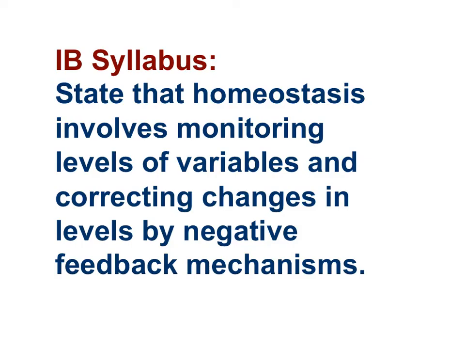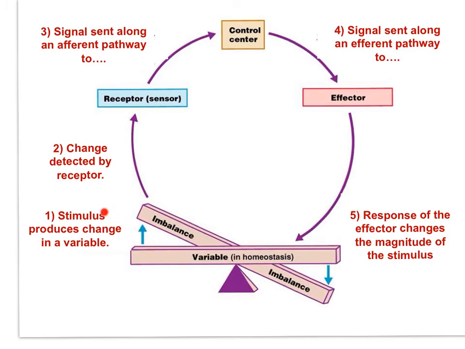Here's the IB syllabus statement. State that homeostasis involves monitoring levels of variables and correcting changes in levels by negative feedback mechanisms. A stimulus produces a change in a variable. That change is detected by a receptor.